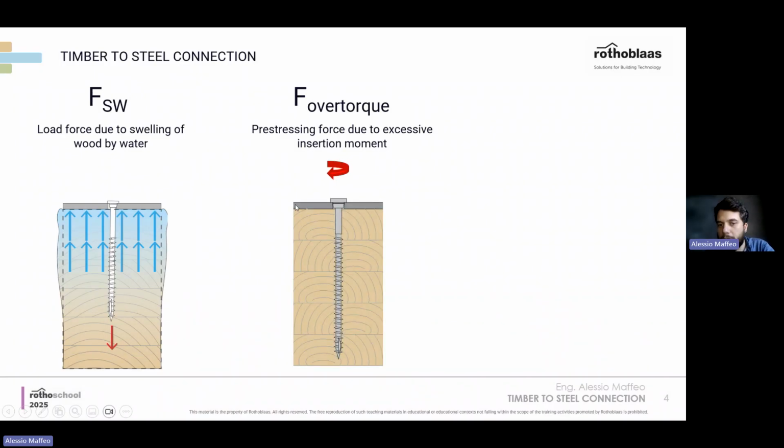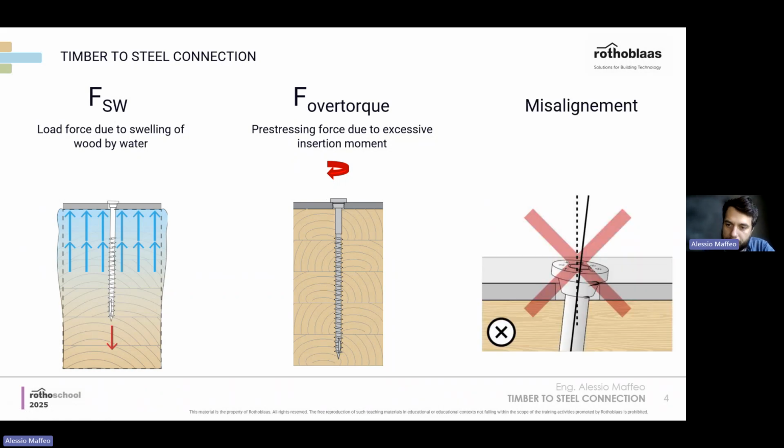In many cases, we will see during this presentation that it's also very important the fact that, in some cases, the installer is going to insert and over torque the fasteners. This is also a not positive aspect.